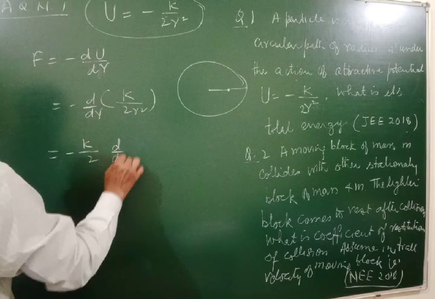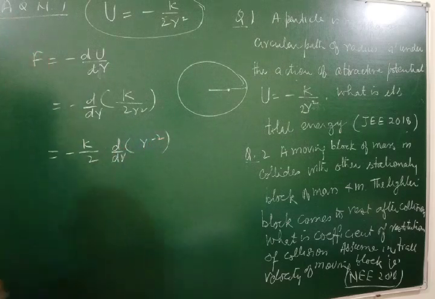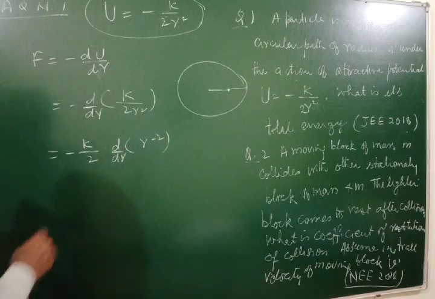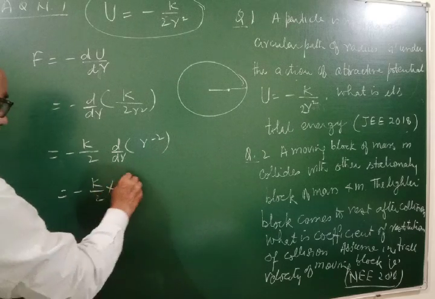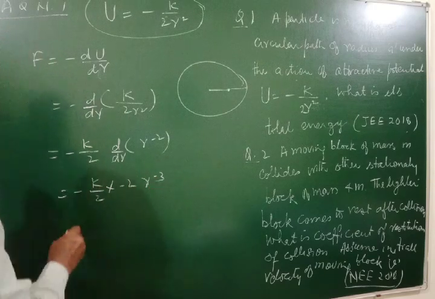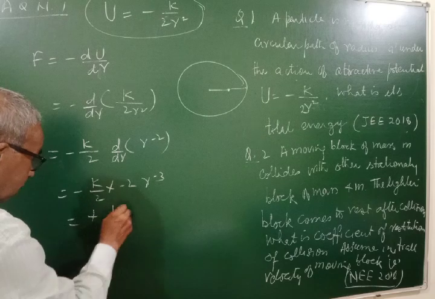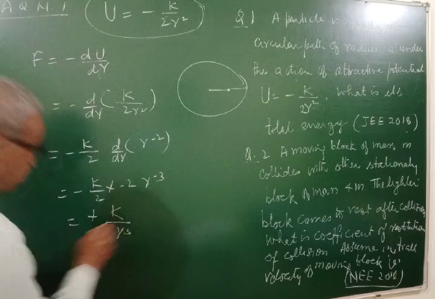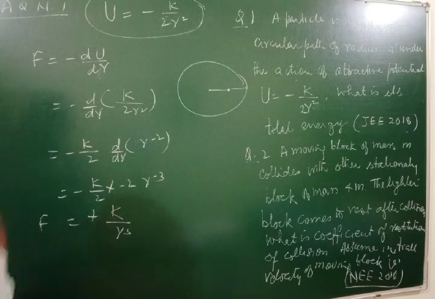Which will come out to be equal to K by 2 into minus 2 R to the power minus 3. So it is minus K plus K upon R cube. The force acting here is given by this.